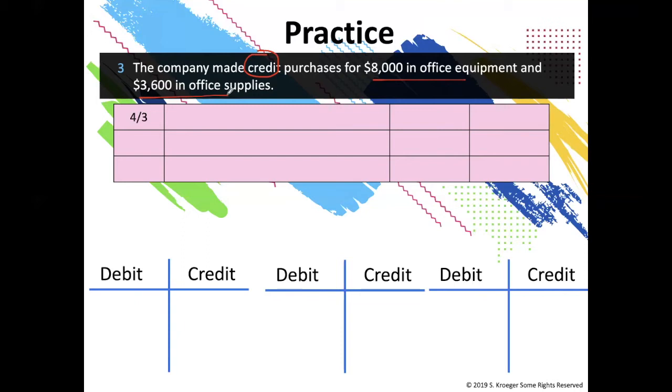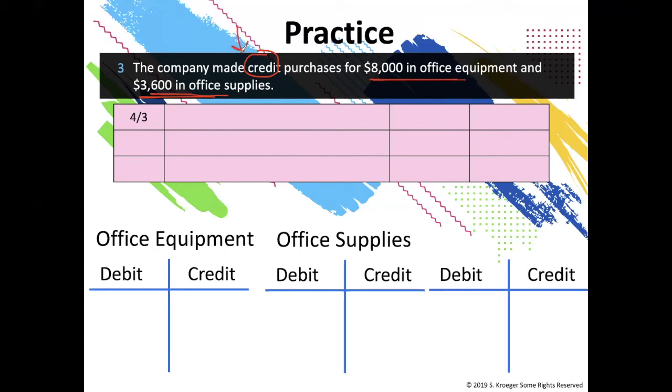Like I said, the hardest part is really thinking about what 3 accounts are being affected. Well, we have office equipment here. That's being affected. We're getting office supplies as well. That's being affected. So we got equipment and we got supplies, but did we pay in cash? No, remember it's on credit.